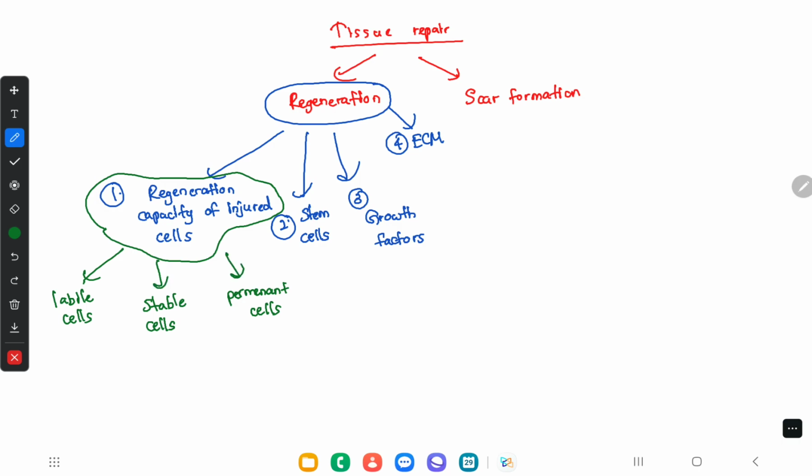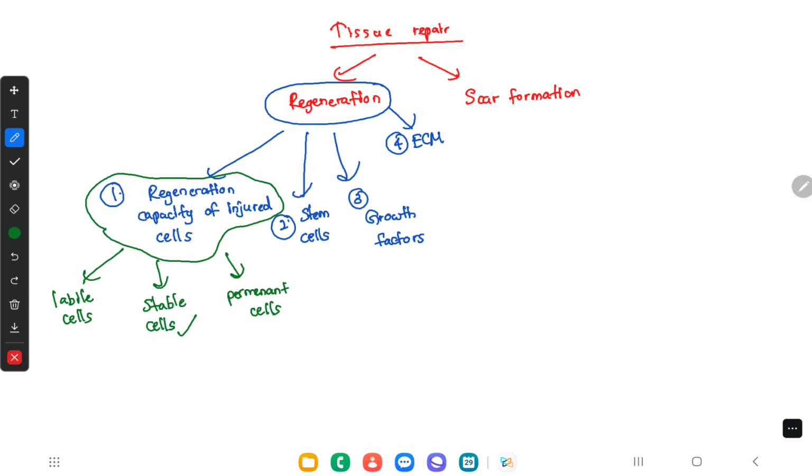Labile cells are continuously proliferating cells. They are constantly being lost and must be continually replaced by new cells derived from stem cells and rapidly proliferating immature progenitors. Examples for labile cells are many surface epithelia such as basal layers of squamous epithelia of the skin, oral cavity, vagina, cervix, etc.